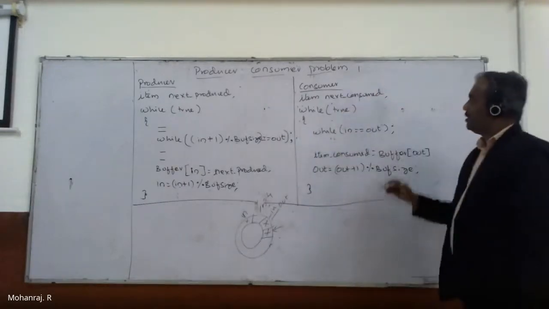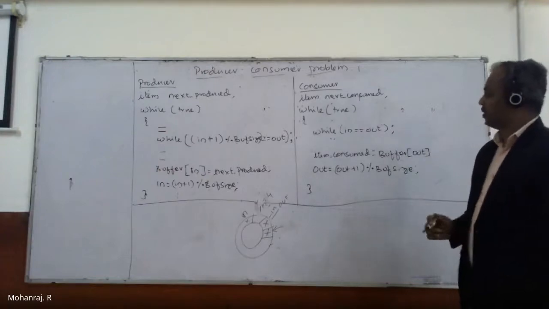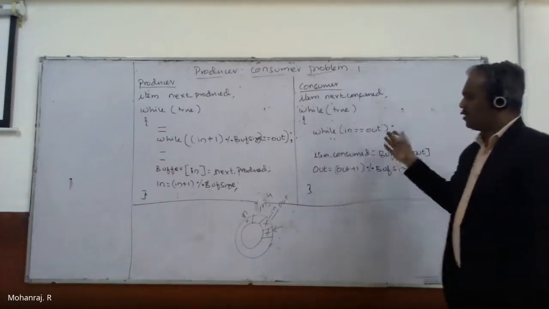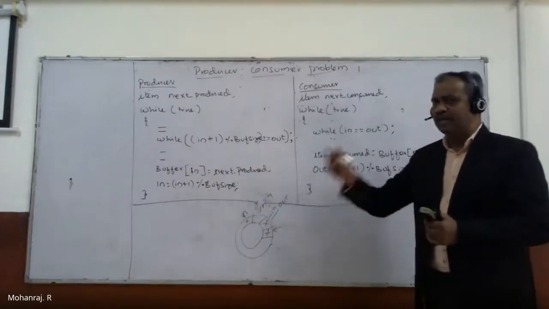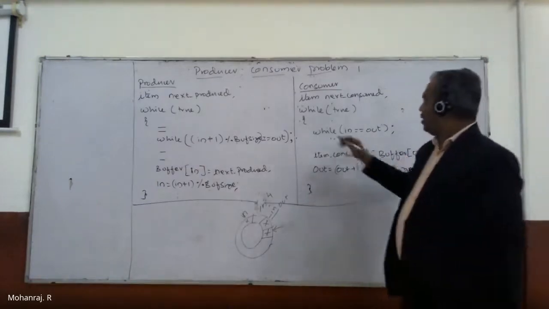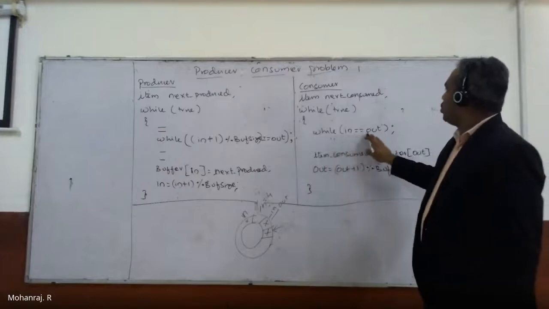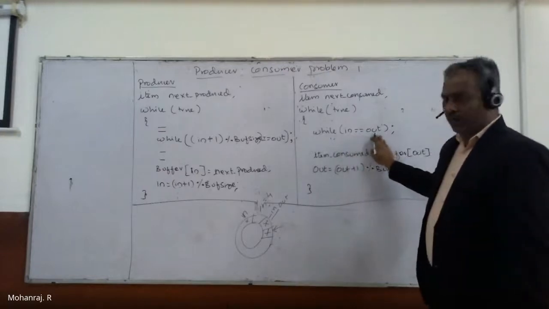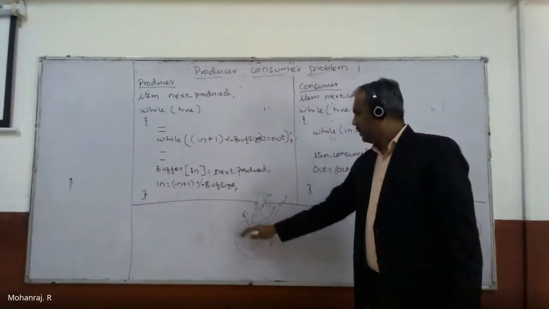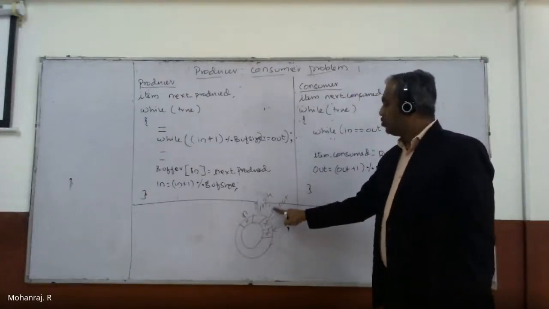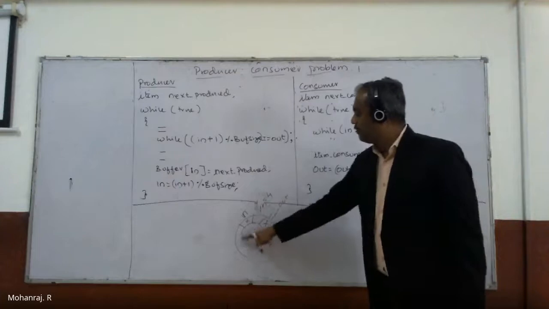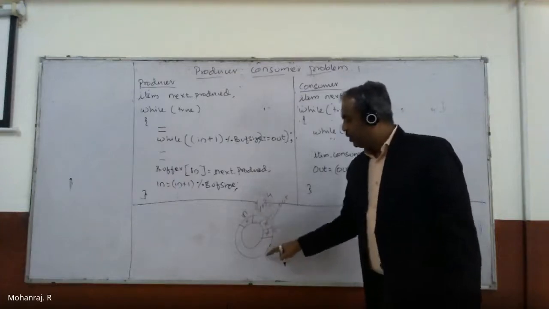And we will see how a consumer works. Now the consumer work is very narrow. It is going to consume an item, that is, it is going to pick an item from the buffer. Whether in is equal to out, is it equal? In the example we are discussing here, in and out are not equal, because in has moved by placing one item after another.